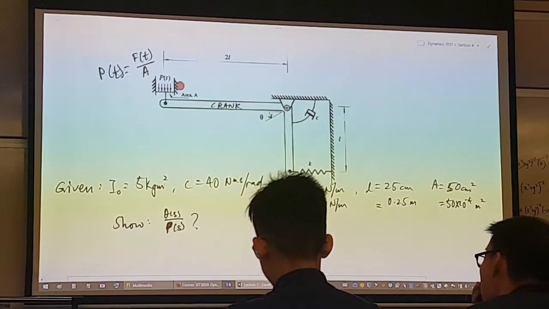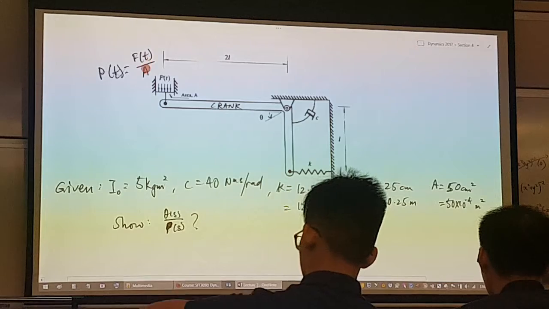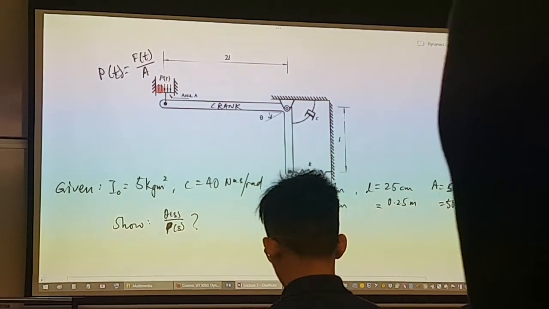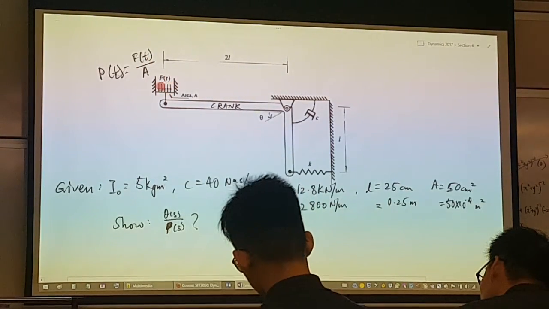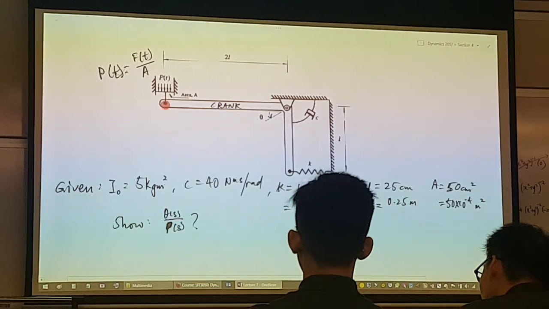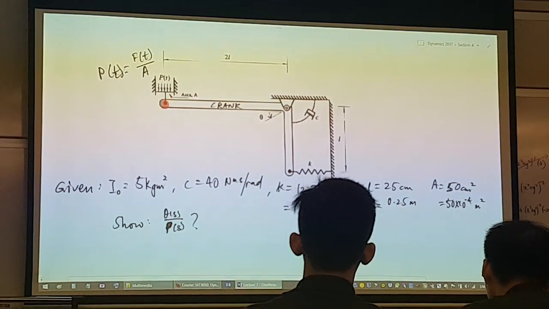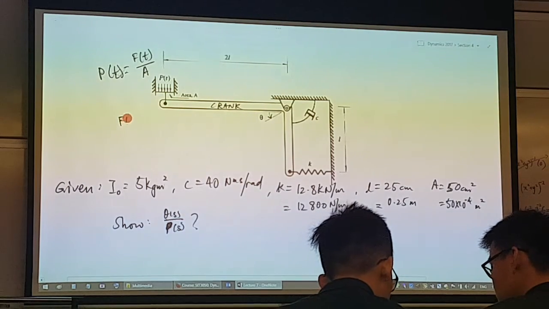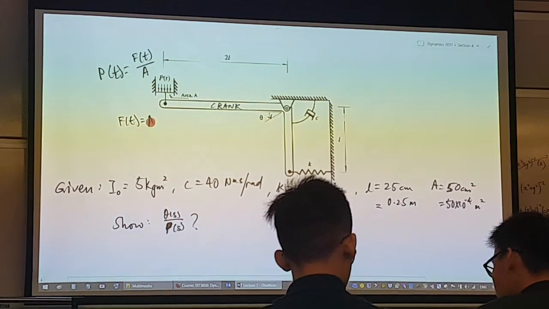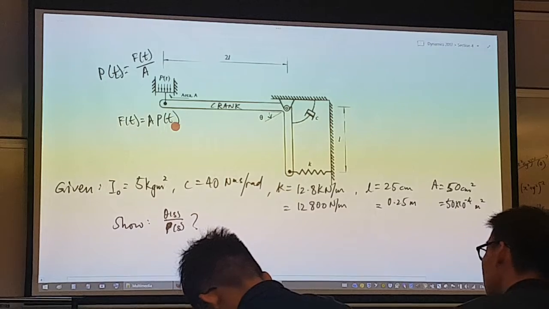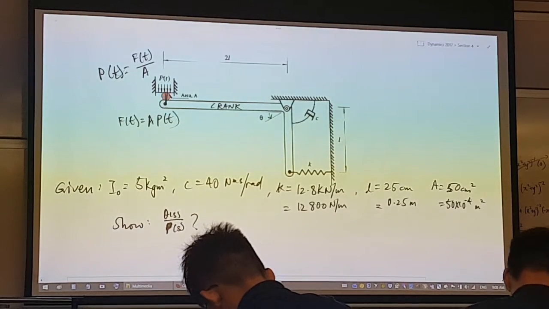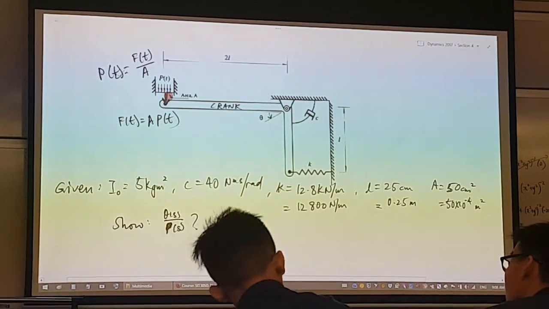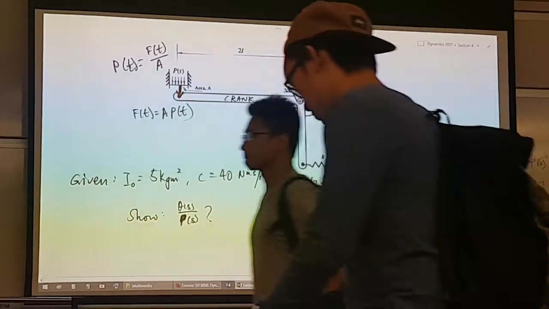So if I express using this pressure to know what kind of force is applied to this, F is equal to A multiplied by PT. So that's the amount of force that's downward because the pressure is pushing it downward.